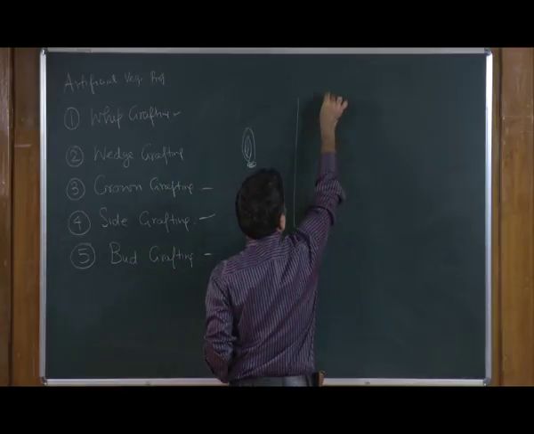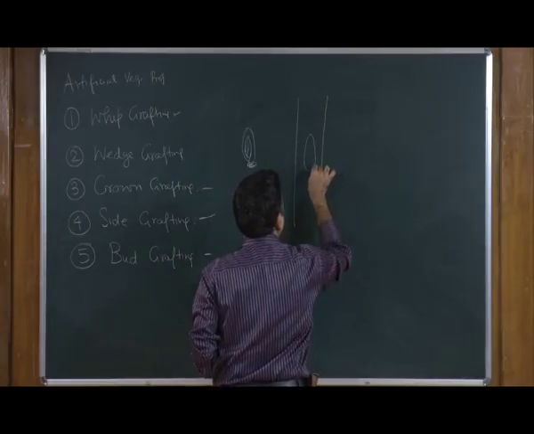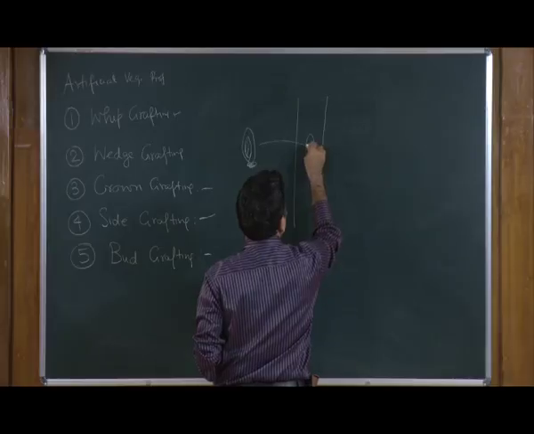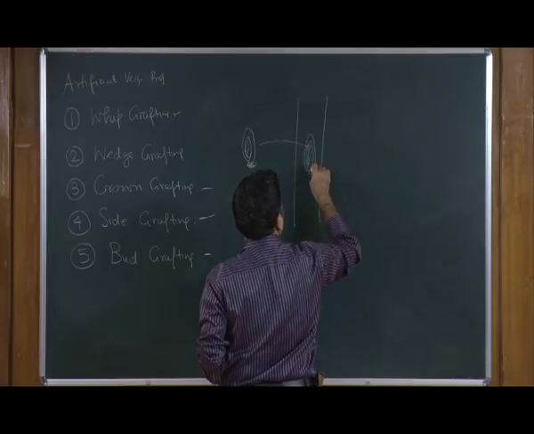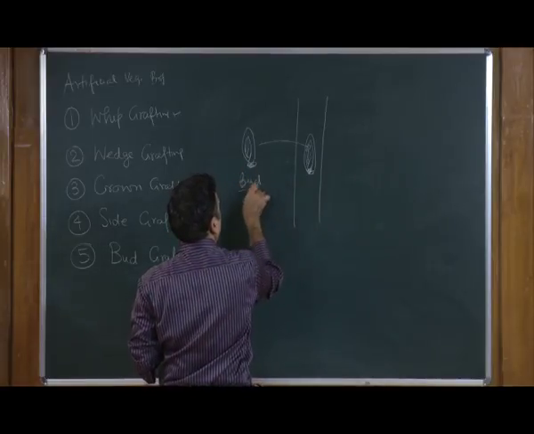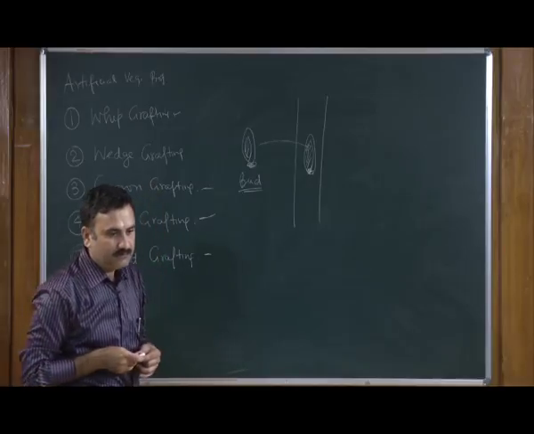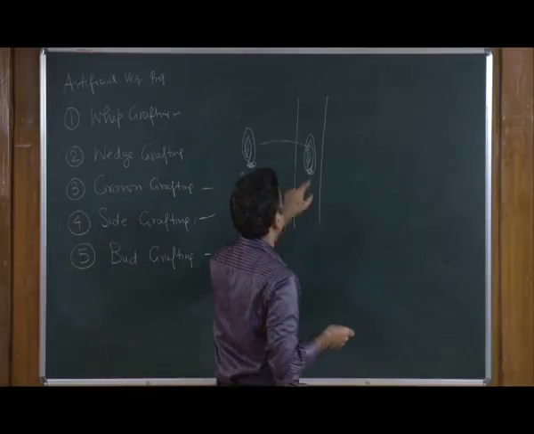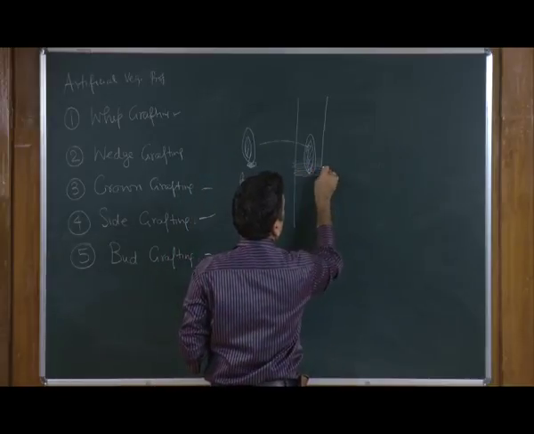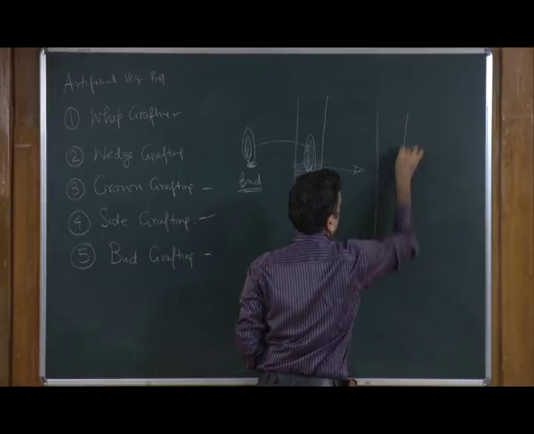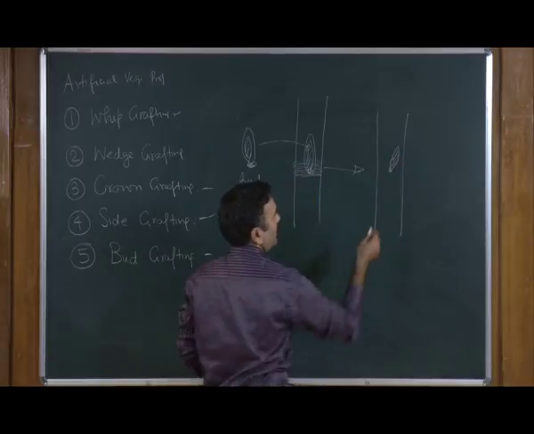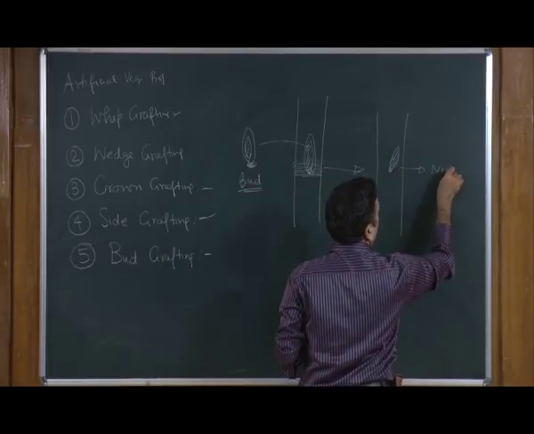You take your stock, make a wound in the middle, and then you place it here. So, this is the bud you have taken out from a particular plant, and then you put it into the center of this particular stock, and then you tie up this, and when you leave it, this bud is going to get connected to your stock, and it will give rise to the new plant.